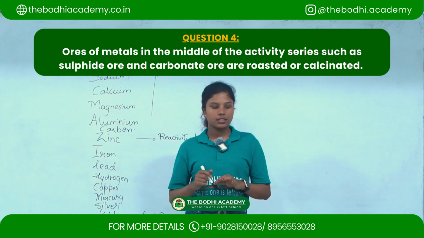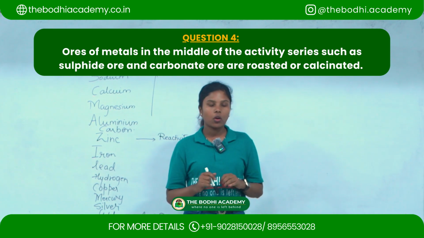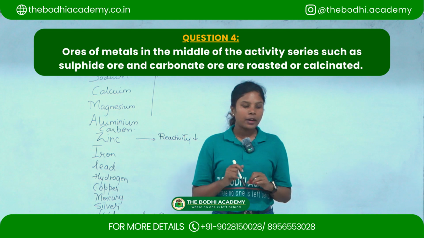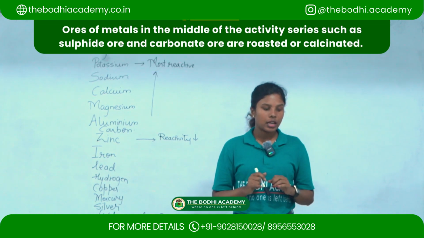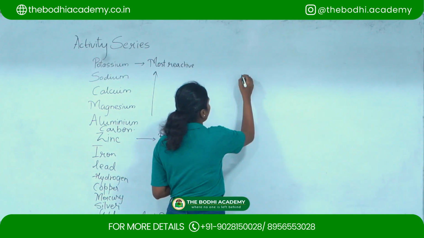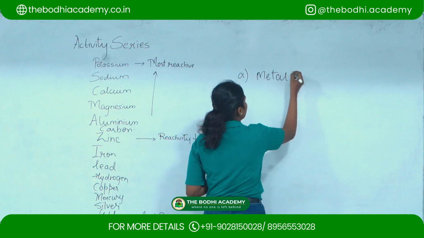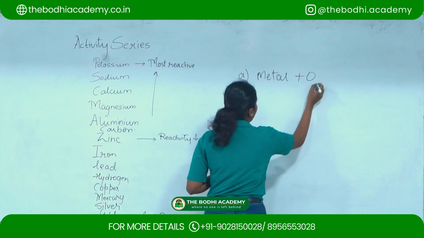Ores of metals in the middle of the activity series, such as sulfide ore or carbonate ore, are roasted or calcinated. First question is, what happens when metal combines with oxygen? Metal plus oxygen, what happens?